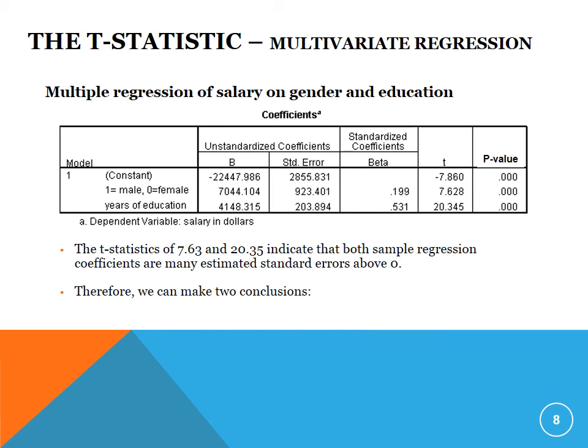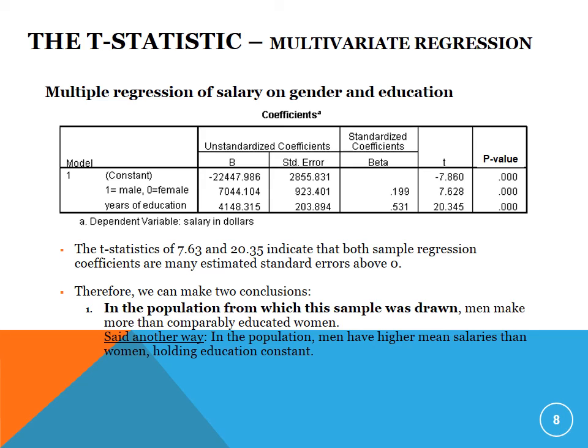So what can we conclude? In the population from which this sample was drawn, men make more than comparably educated women. Said another way, in this population from which the sample was drawn, men have higher mean salaries than women, holding education constant.